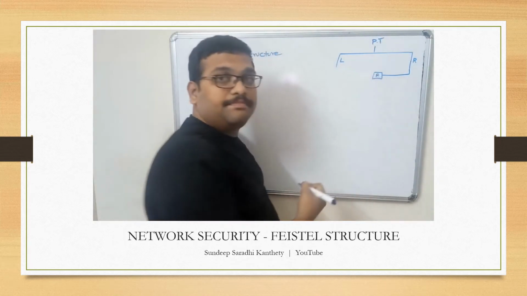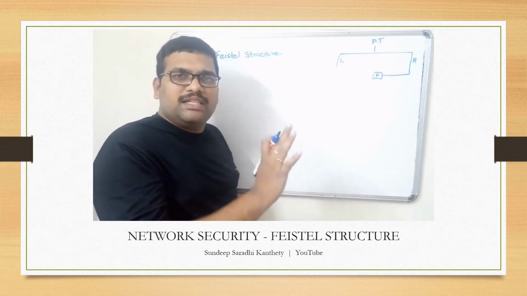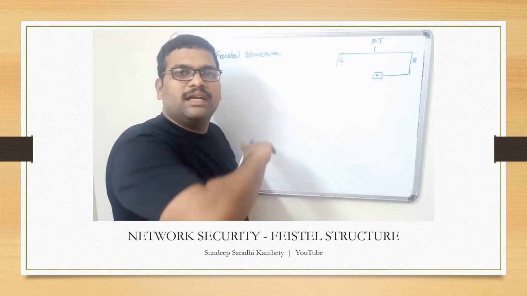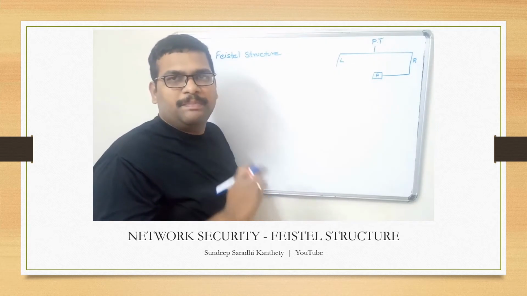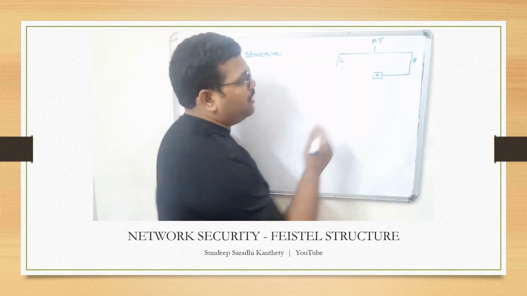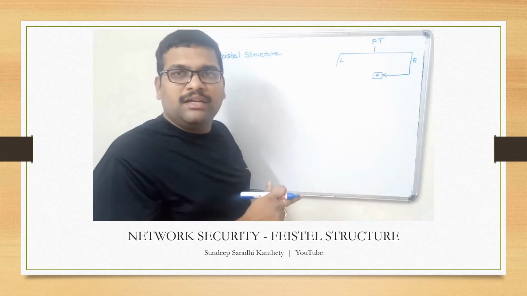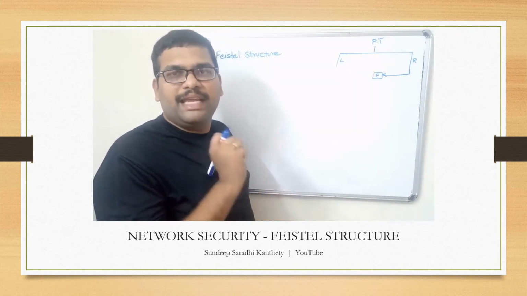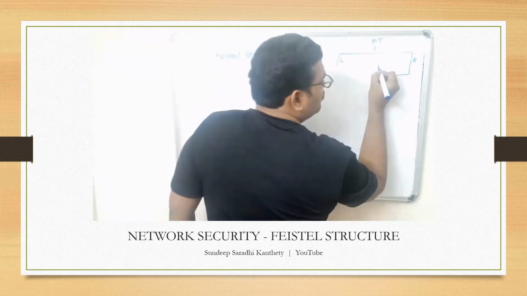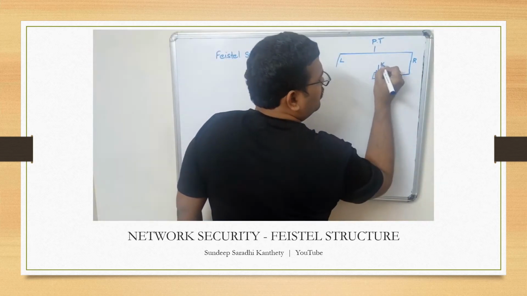So this is the function. What is the function? That depends upon the algorithm, so it may be a logical function. And in the function we will use a separate key, key 1.